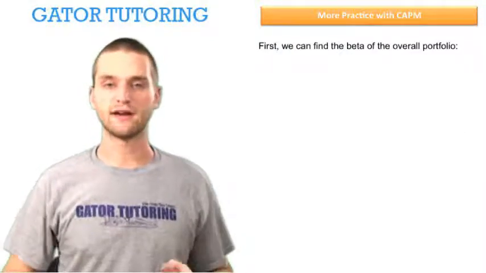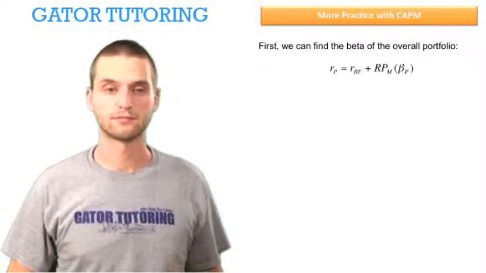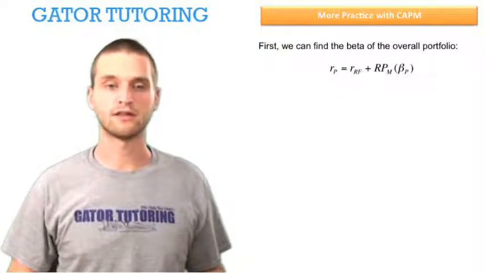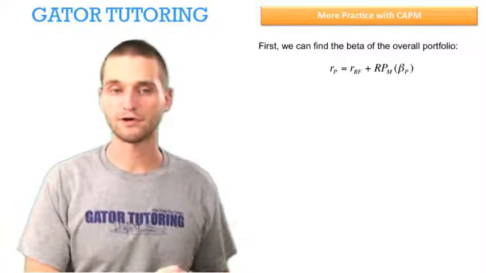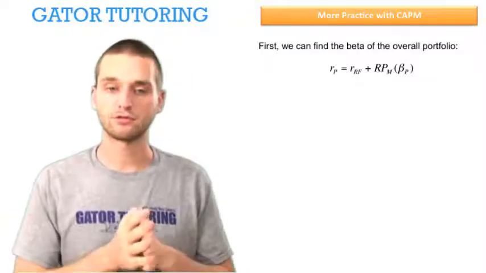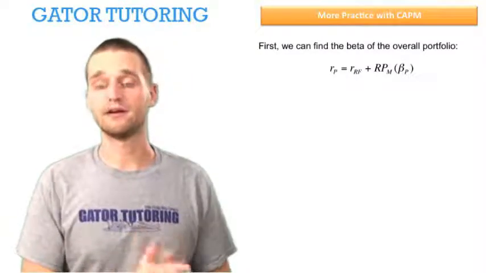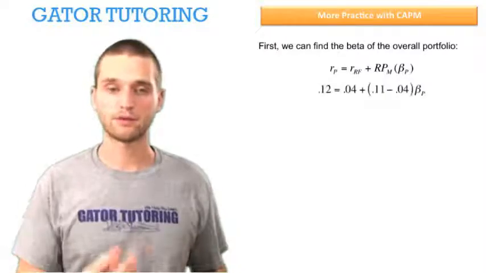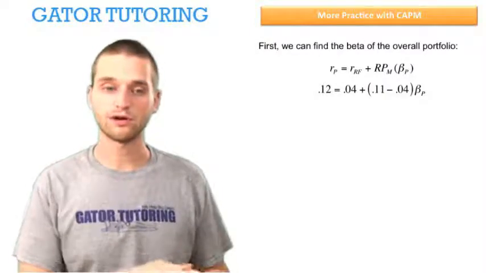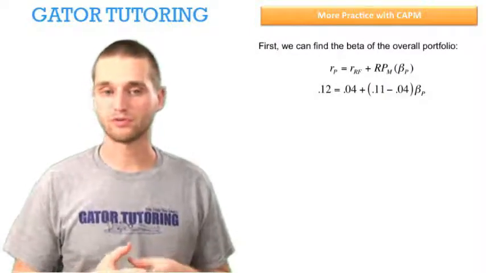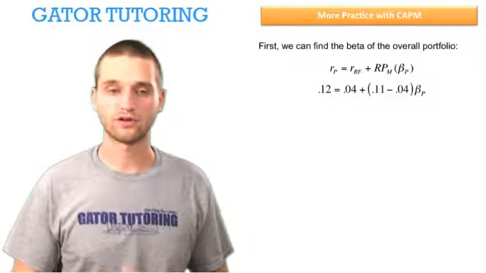First, we can find the beta of the overall portfolio. Here's the CAPM equation again. The return on the portfolio is equal to the risk-free rate plus the market risk premium times the beta of the portfolio. We plug in the given data. We know that the return on the portfolio is 12%. The risk-free rate is 4%.